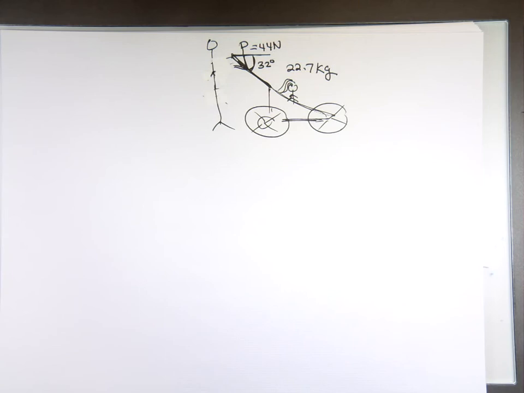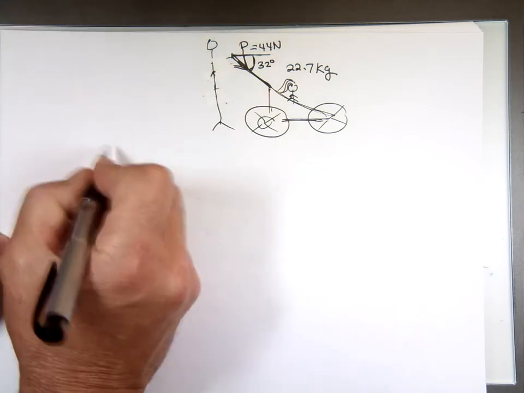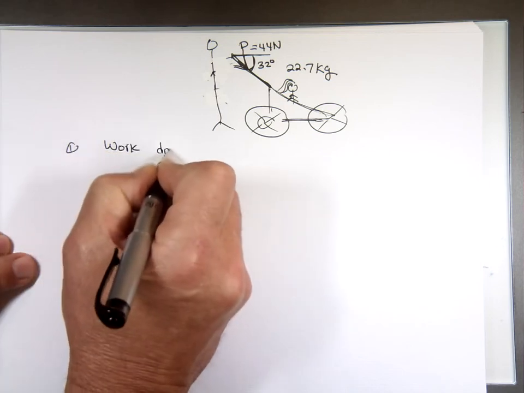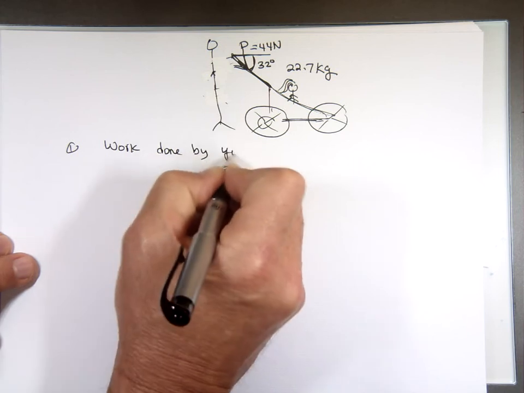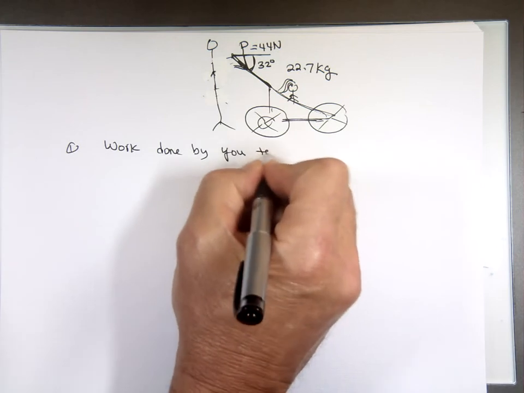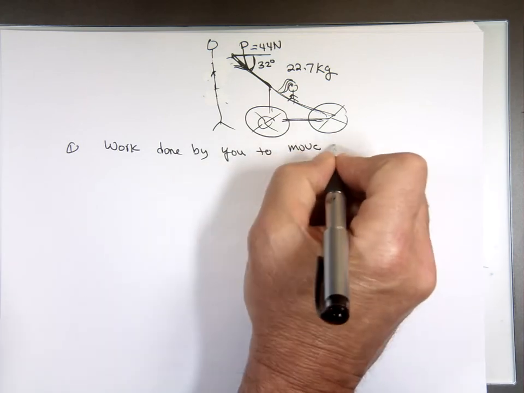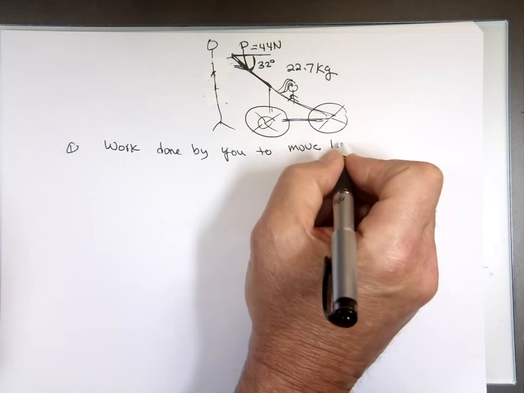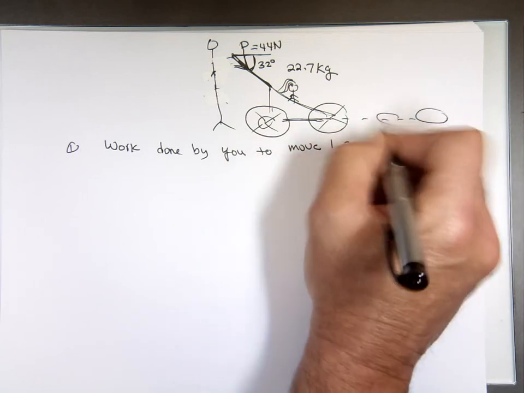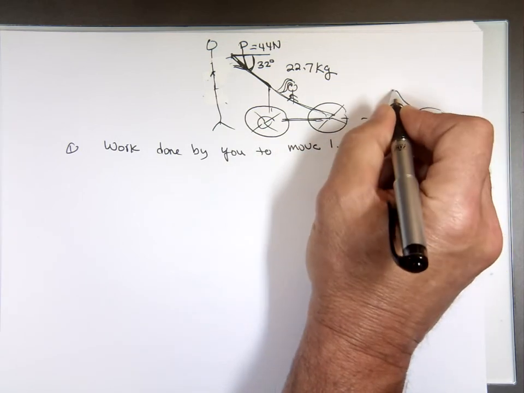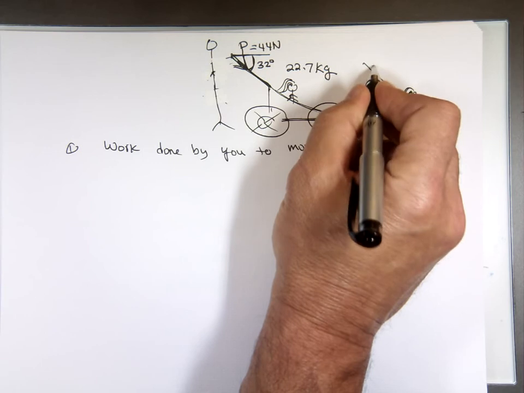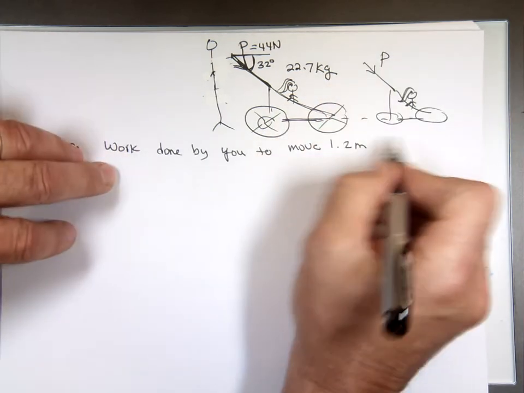So that's you pushing the stroller. What is the work? That's the first question. Work done by you to move the stroller, how far? 1.2 meters. So the stroller is going to move right here. So you move that distance of 1.2 meters.